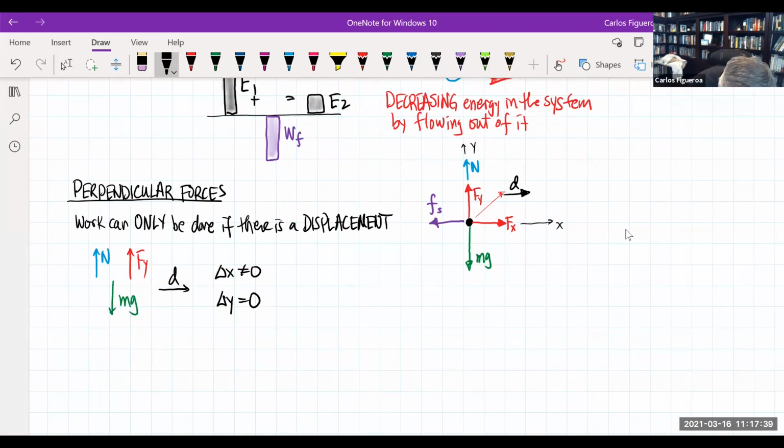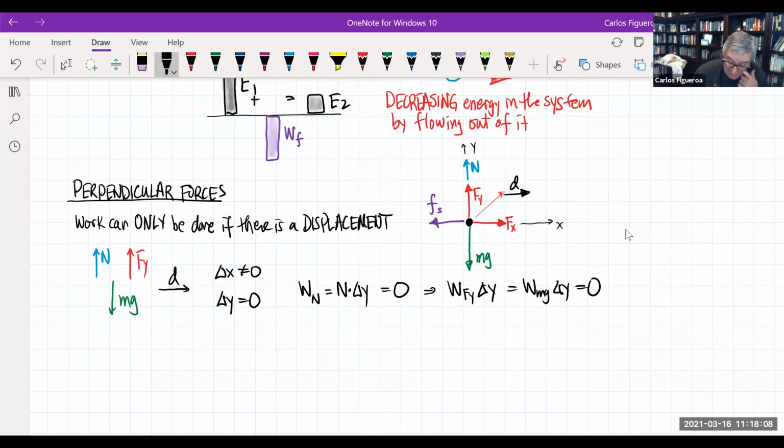So when I'm looking at the work due to the normal force, I would have the normal force times my displacement in the y direction, but that displacement in the y direction is 0, so therefore this must be 0. Then I can immediately say the same thing for these works. They must also be equal to 0.